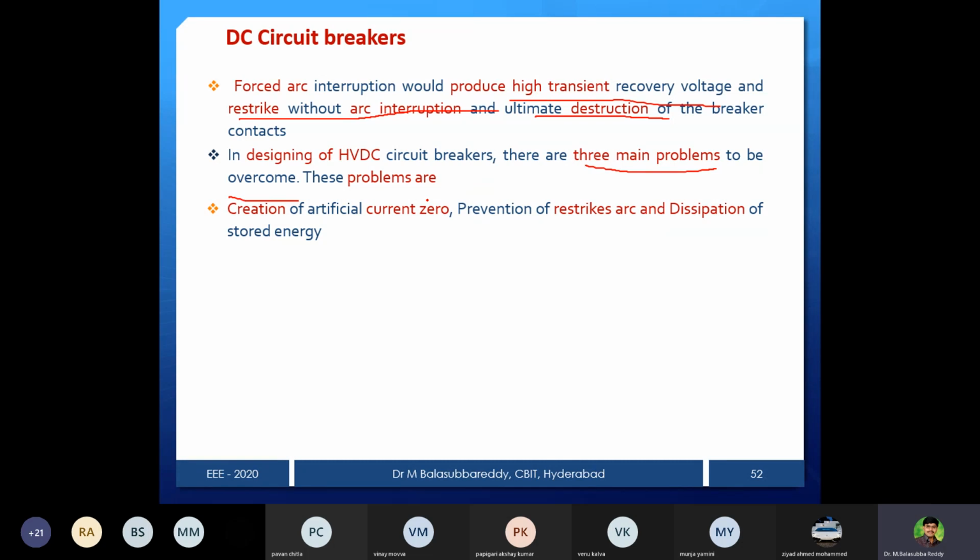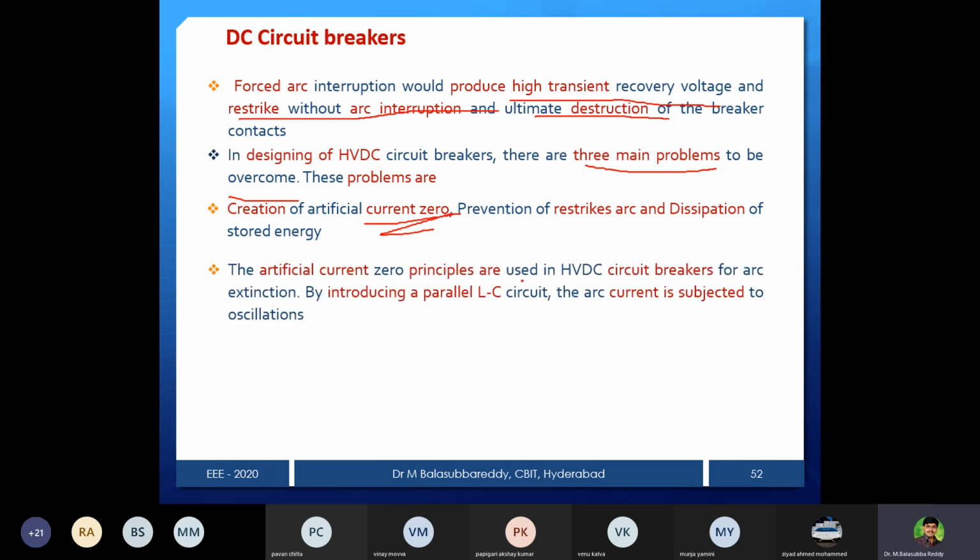So you make use of an external circuit in such a way that you bring that current to the zero level. So you have to create an artificial current zero point. The other problems are prevention of restrikes of the arc and dissipation of the stored energy.